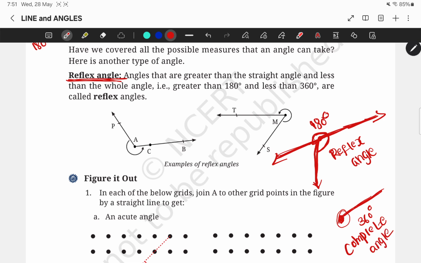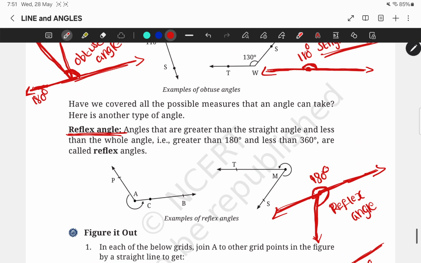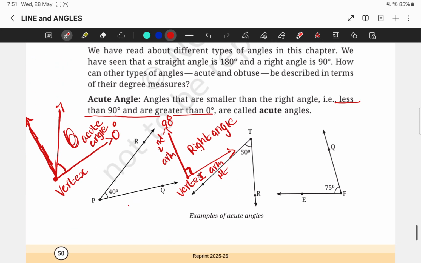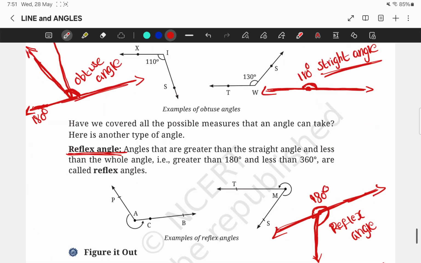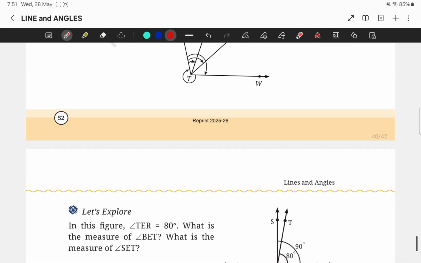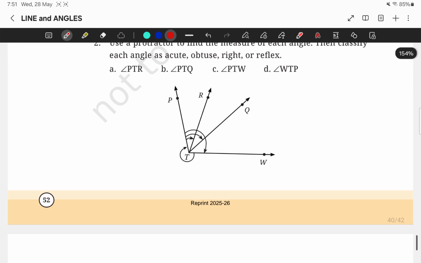So these are the types of angles. I hope you understood. I'm just revising all those angles with examples. I'm taking two arms, first arm and second arm.